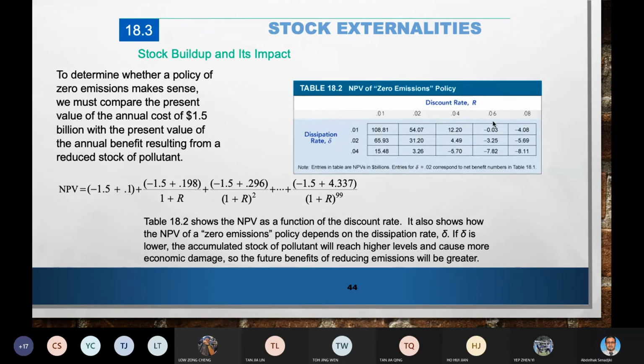Same here. If the dissipation rate increases from 0.1 to 0.4, the positive sign starts only from 0.4. So we can say this policy depends on the dissipation rate lambda. If lambda is lower, the accumulated stock of pollution will reach a higher level and cause more economic damage, and the future benefit of reducing emission will be greater.